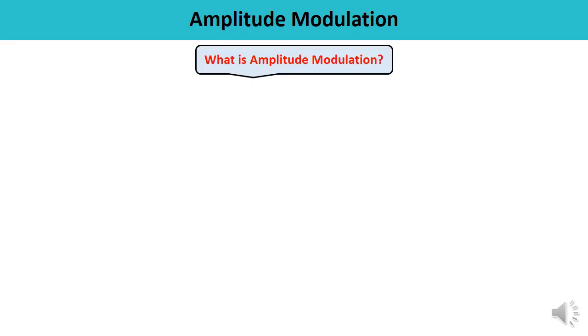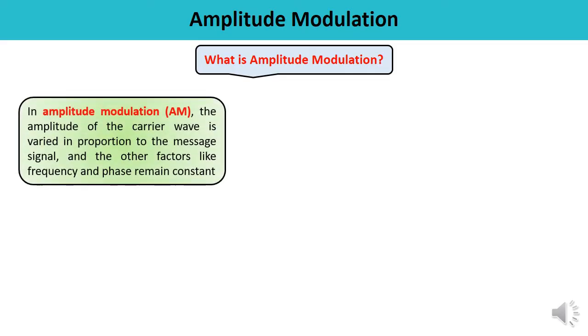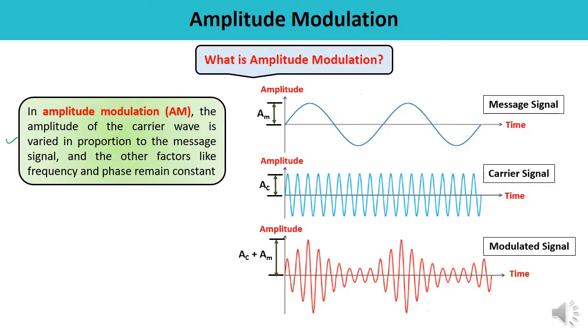Till now you are clear with the modulation. In amplitude modulation, the amplitude of the carrier wave is varied in proportion to the instantaneous value of the message signal, and the other factors, like frequency and phase, are constant. You can understand with the help of the waveform diagrams. The first one is the waveform for the message signal, the amplitude is AM.